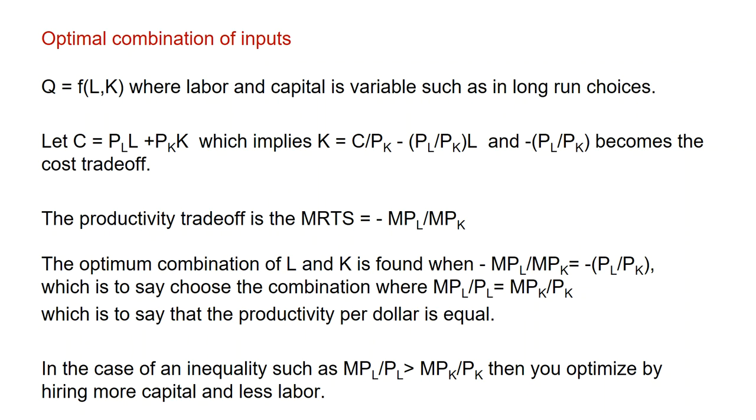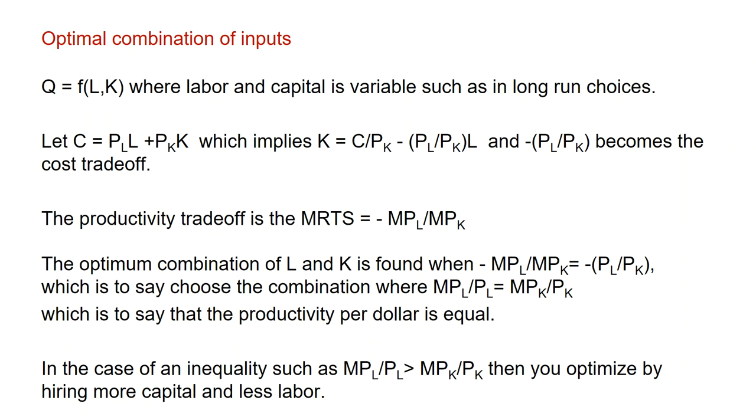So the optimum combination of L and K, we set those together and we solve. Actually, we don't really solve, we rearrange. And when we rearrange, we get this relationship where we're looking to determine where the marginal productivity per dollar is the highest.